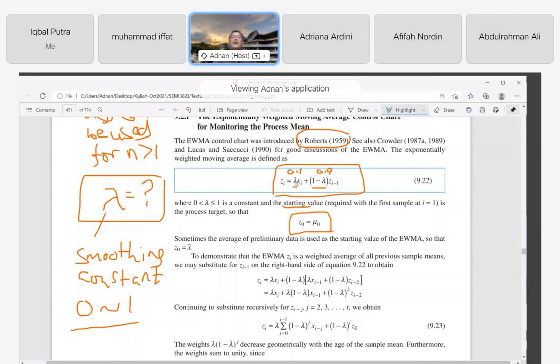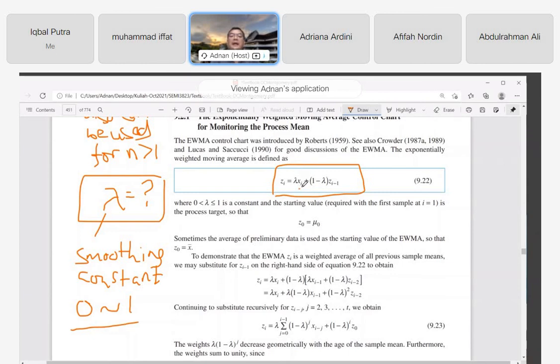Then the current value plus the adjusted old value gives you the current z. So this formula shows the influence of historical values, the previous data. Previous data play a role in the decision making for the process.